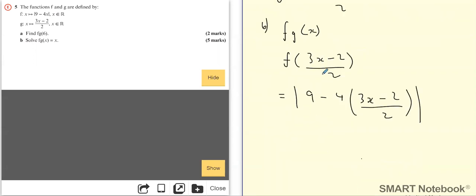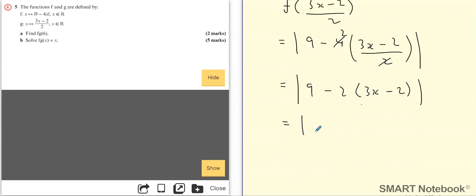Right, okay, so now that to me is minus, so I can cancel this out with this to leave a 2 up here. And I've got 2 times 3x minus 2. And so if I take my time, expand and simplify, minus 2 times 3x is minus 6x.